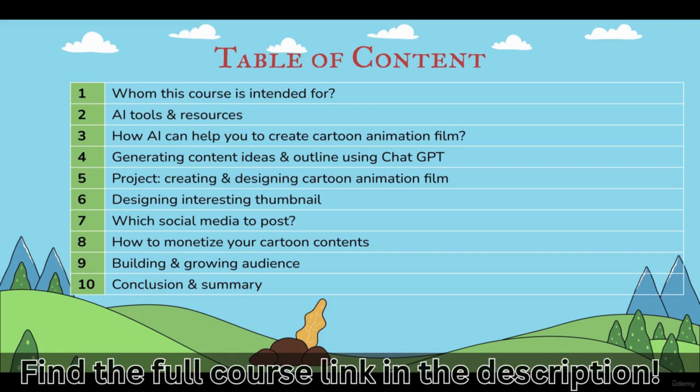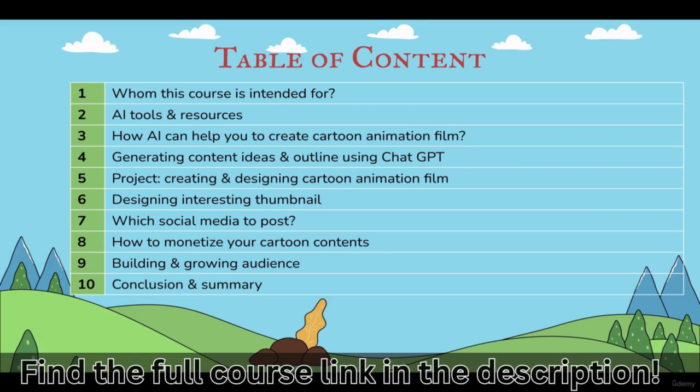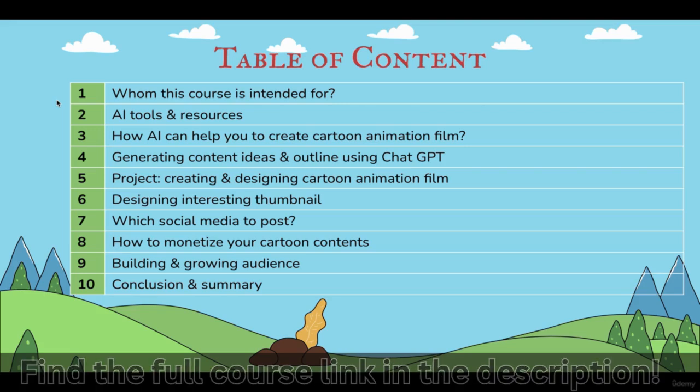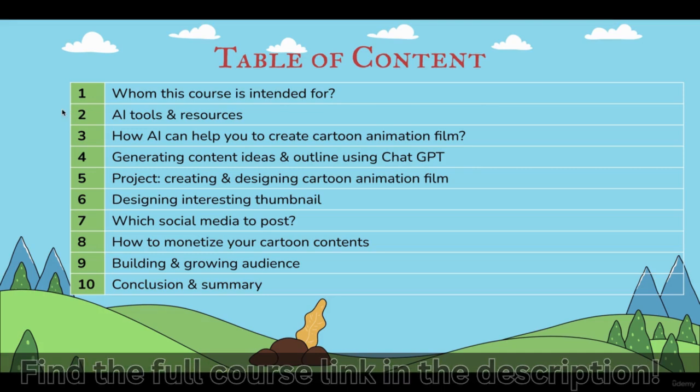We're going to use a text to image generator, we're going to use ChatGPT, we're going to use an AI animation tool, and also Fit.io, which is one of the best free editing software. And don't worry, all tools that we're going to utilize in this project are completely free. You're not going to spend any money, you don't have to pay anything for those tools. So that's the second chapter.